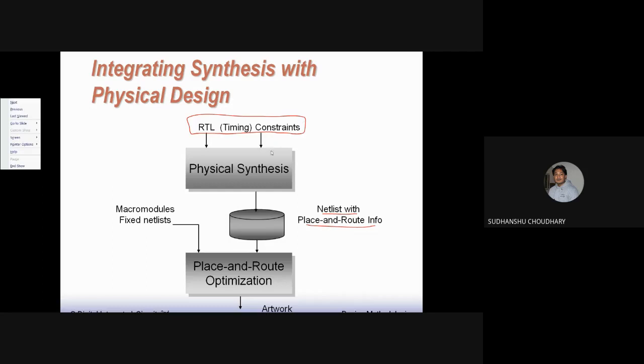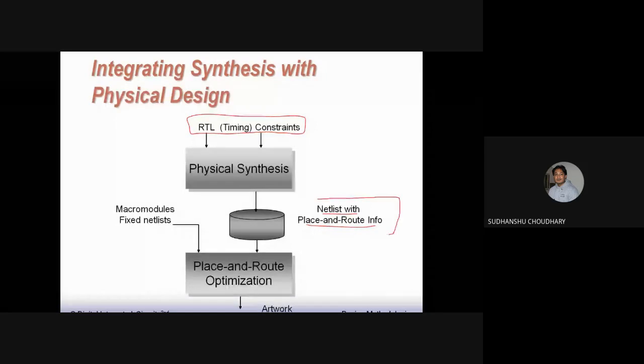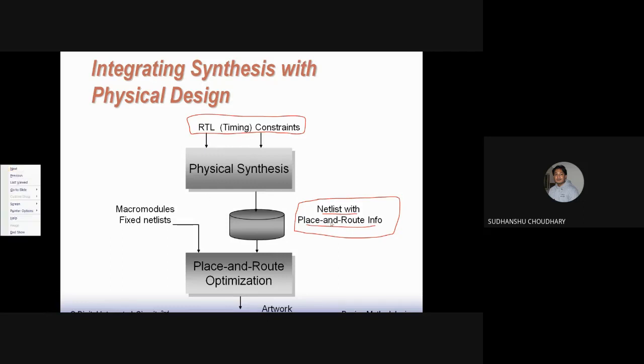That is, during the RTL synthesis itself, if place and route can also be handled. I mean, it would be a first order netlist, not a netlist with complete place and route information. It would be a first order netlist with place and route information.